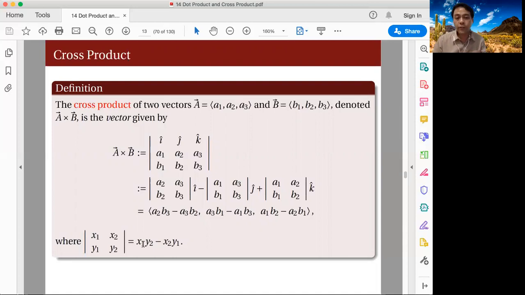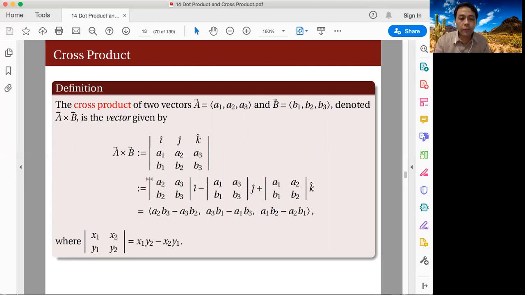So better say A cross B. This is the vector given by, so we have here a notation again. This is a symbolism. There's really no mathematical operation being done here. It is just a presentation. And this presentation is defined by these three terms here.